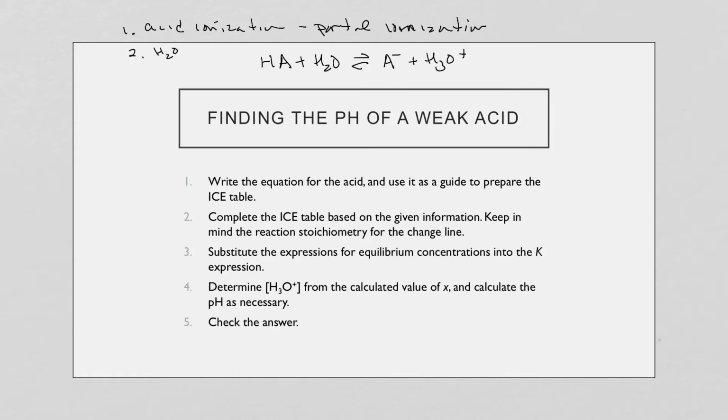We have to deal with an equilibrium. And this is where what we learned last chapter comes into play. So we are going to solve these weak acid pH problems by doing equilibrium problems, and that means going through the processes we learned for doing equilibrium calculations in the last chapter.